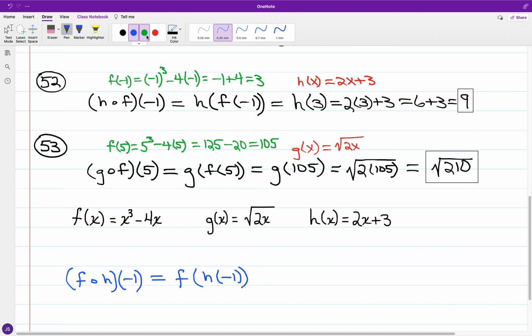If I were looking at F of H of negative 1, your H of negative 1 would be 2 times negative 1 plus 3. 2 times negative 1 is negative 2. Negative 2 plus 3 comes out to 1.